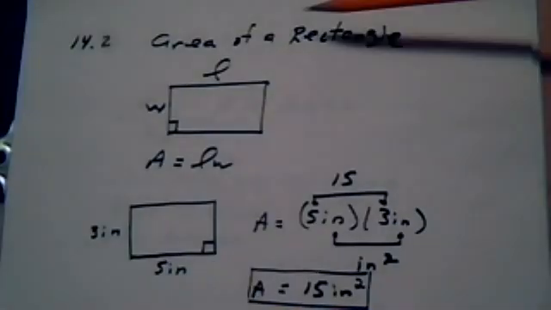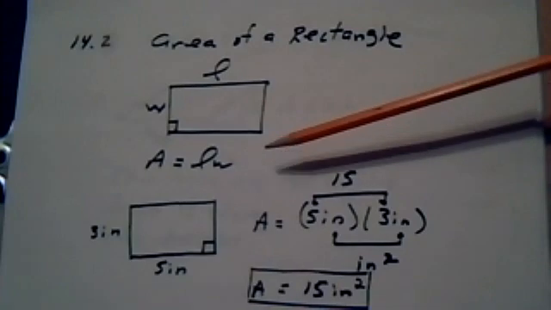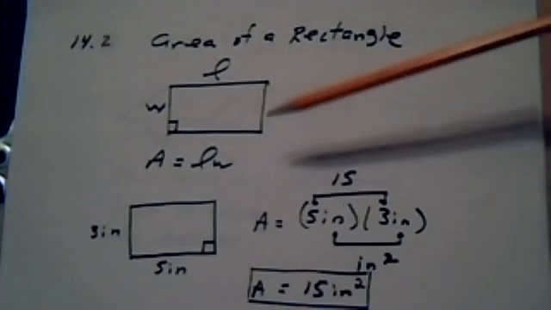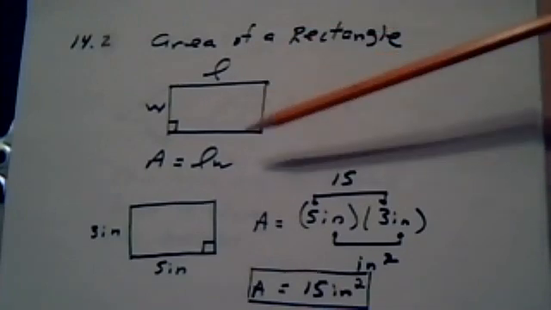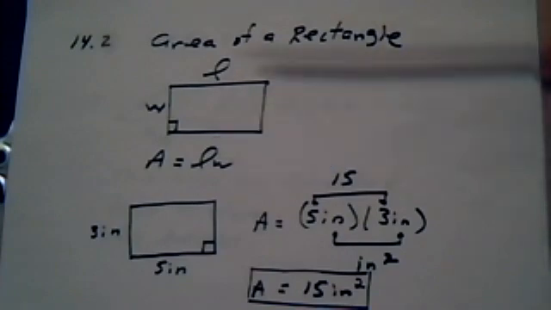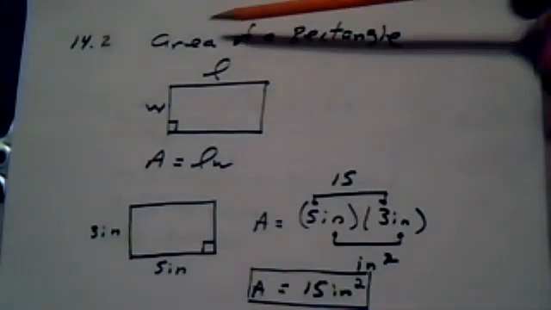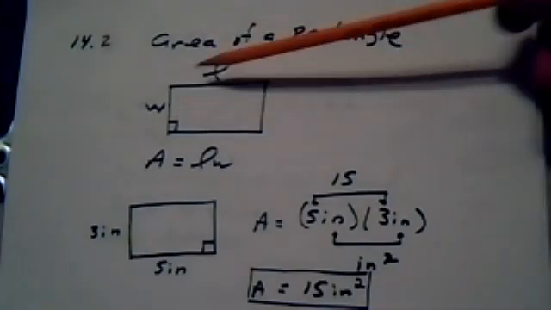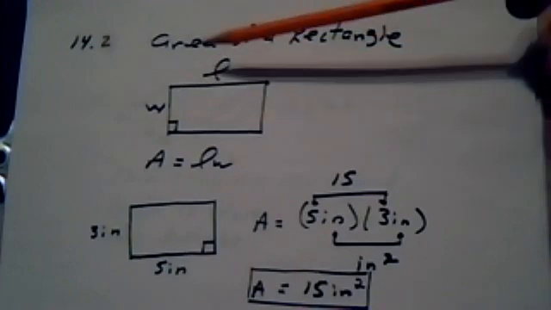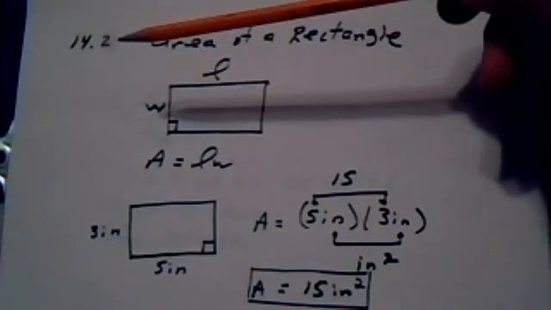The area of a rectangle has a formula. So we're going to be seeing a couple of formulas. Once you have the formula, if you know what these variables mean, you're done very quick. You just plug things in. So if we have a rectangle here, notice the rectangle has a 90-degree angle all around. You can call this the length and the width, or you can call this the width and this the length.